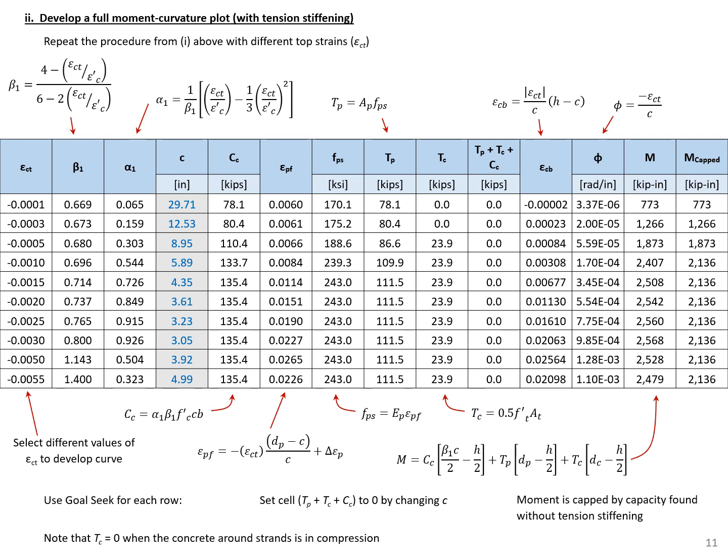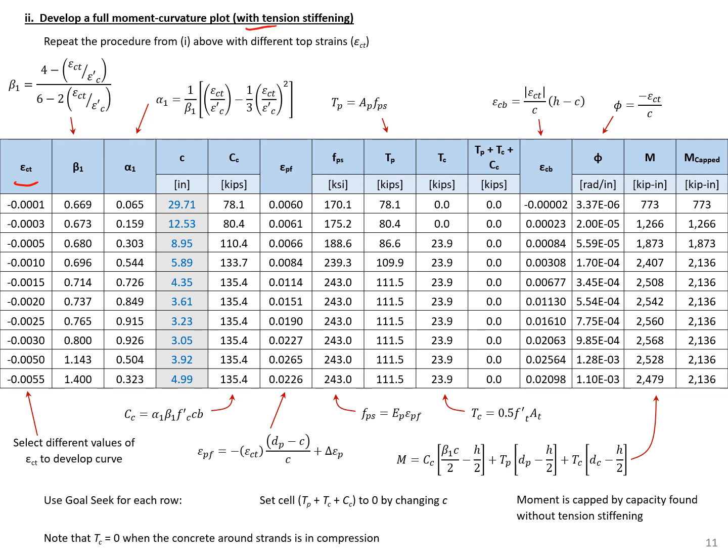Shown on this slide is the spreadsheet that I developed to find our moment curvature plot using the rectangular stress block approach with tension stiffening. You can see we can look at different top fiber strains to get different moment curvature points.